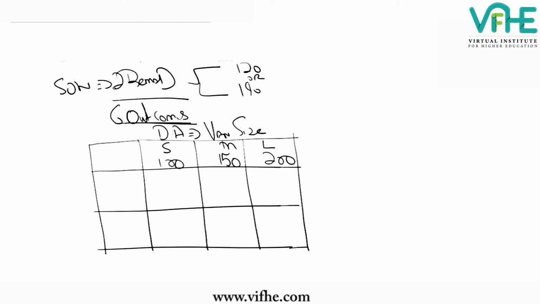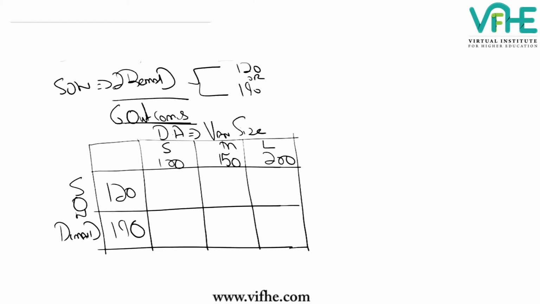On the side of rows we will be showing the state of nature, that is the demand, and demand possibilities are 2: either demand will be 120 or the demand will be 190. This is how we make a payoff table, and in an examination on a spreadsheet we can make it exactly like this.